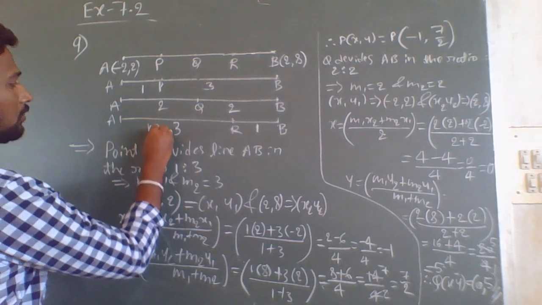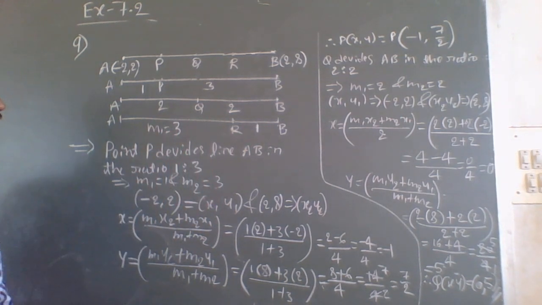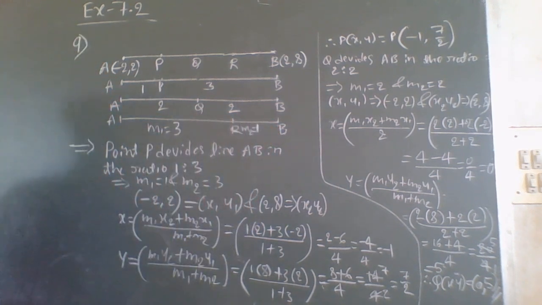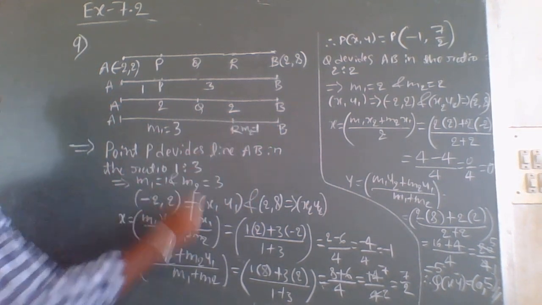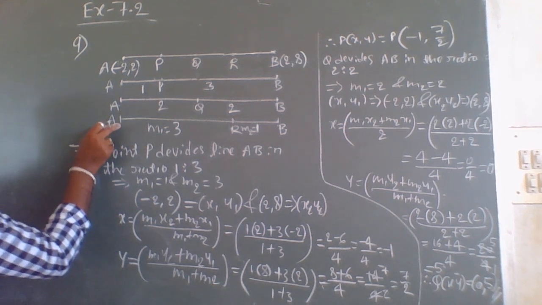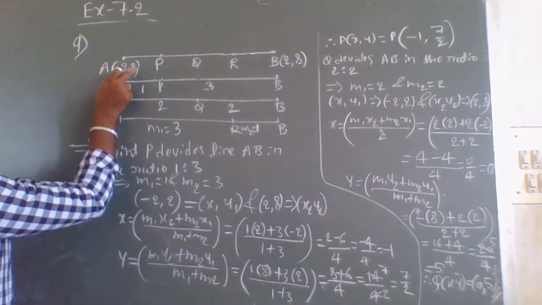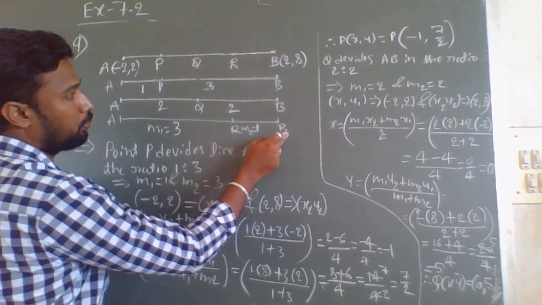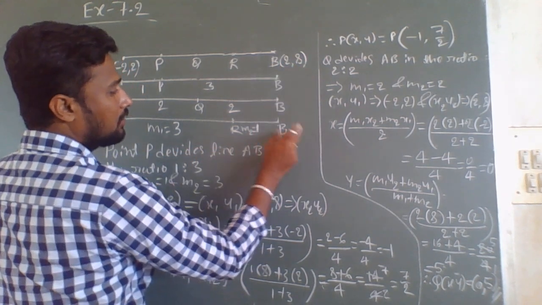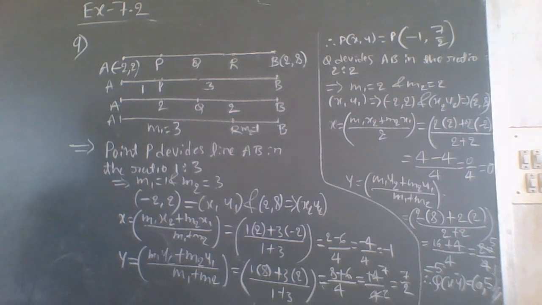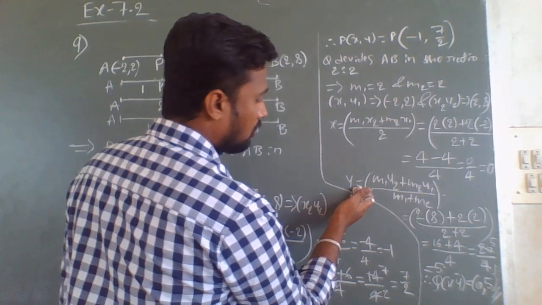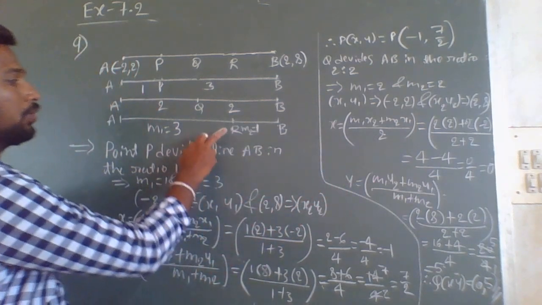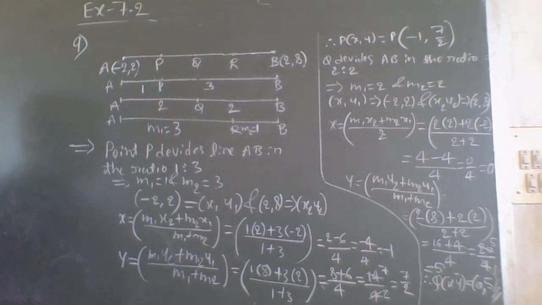Therefore, M1 equals 3 and M2 equals 1 for point R. And again you have the coordinate values of point A, which are considered as x1, y1, and the coordinate values of point B, which are considered as x2, y2. Again, by using this section formula, we can calculate the coordinate values x and y of point R.